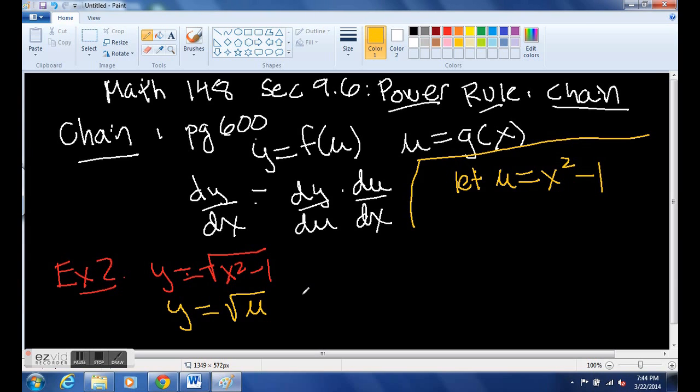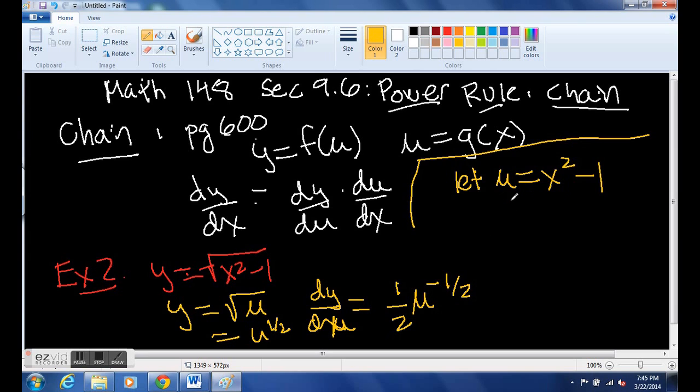So dy dx is equal to, if you think of this as u to the 1/2, we use our power rule, it's, sorry, dy du is 1/2 u to the negative 1/2, and you're probably thinking that doesn't help us much, but wait for it.